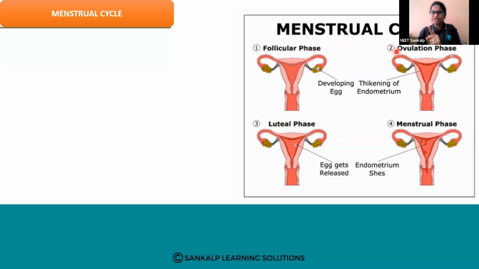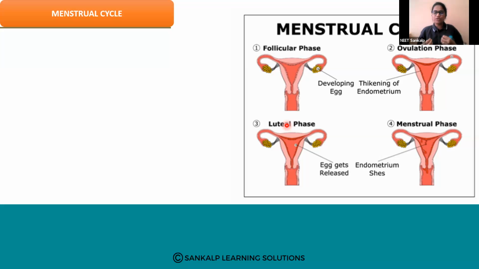Follicular phase, ovulation phase, luteal phase, menstrual phase. So we have 4 phases. During the ovulation phase and especially the luteal phase, we face certain symptoms which usually occur in every female. You get cramps, leg cramps, stomach pain and mood swings, and you feel cravings for eating something.